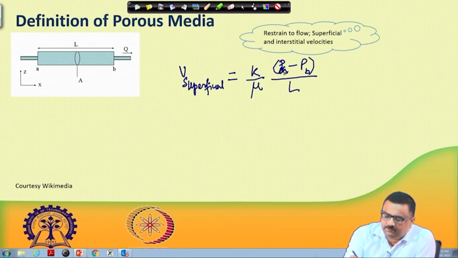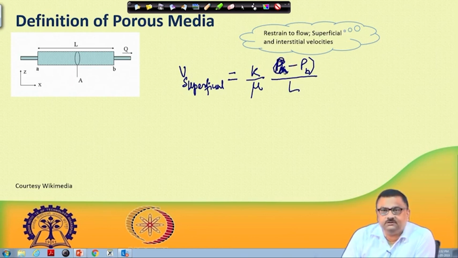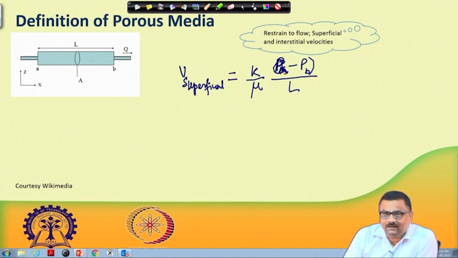P A minus P B is the pressure at position A minus the pressure at position B, divided by L. So we have a pressure gradient.